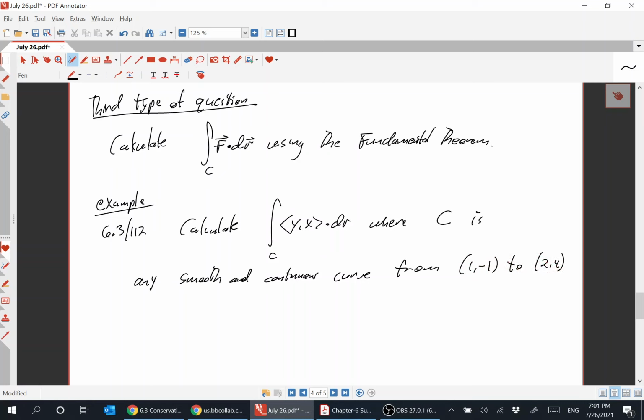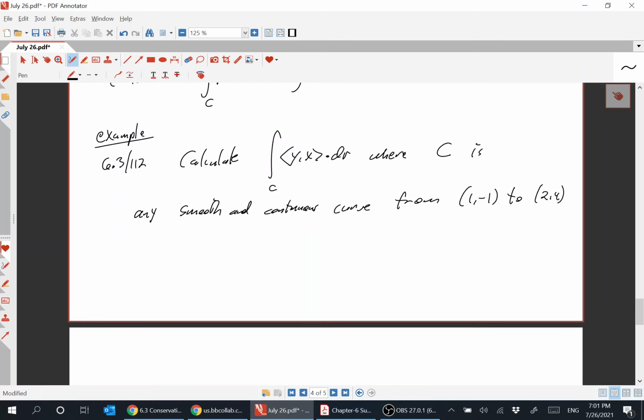Okay, so there's a couple different approaches to this. Notice f is conservative, because py is 1 and qx is 1.